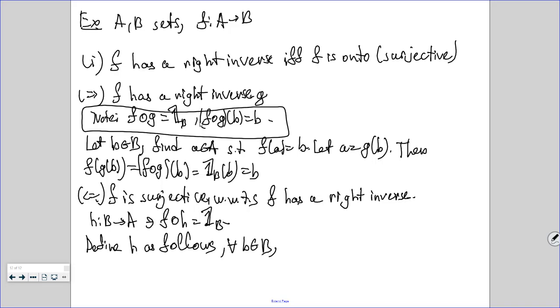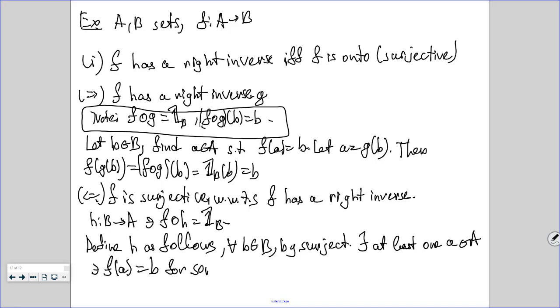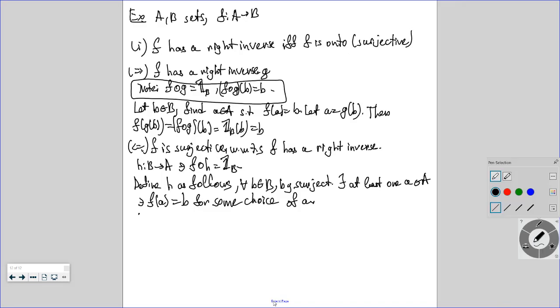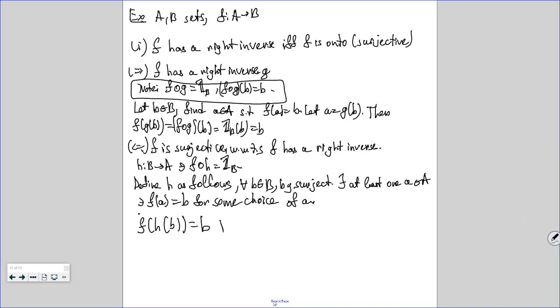For each b in B, we know by surjectivity there exists at least one a in A such that f(a) is equal to b, for some choice of a. So now from the definition it is true that f(h(b)) is equal to b for all b in B. From here, it is the identity.